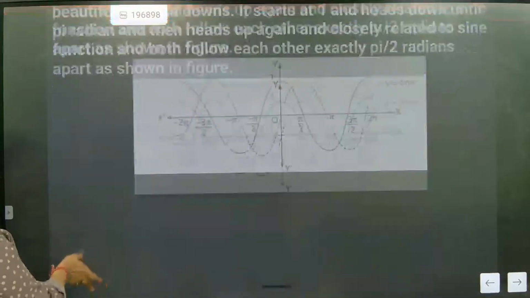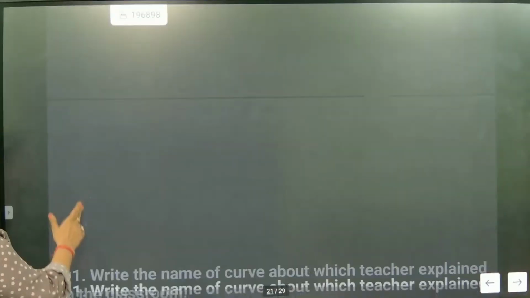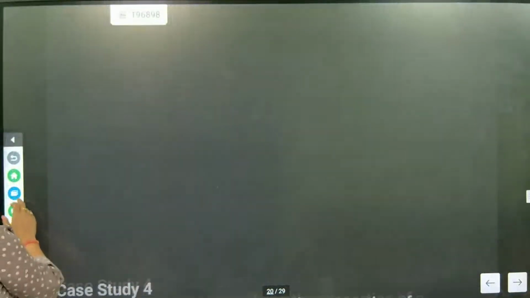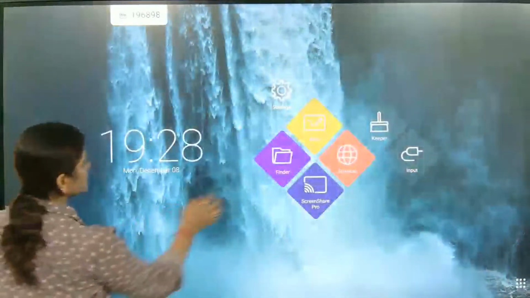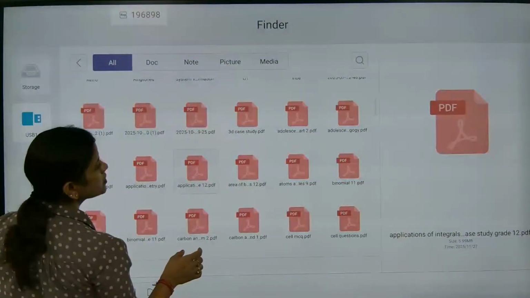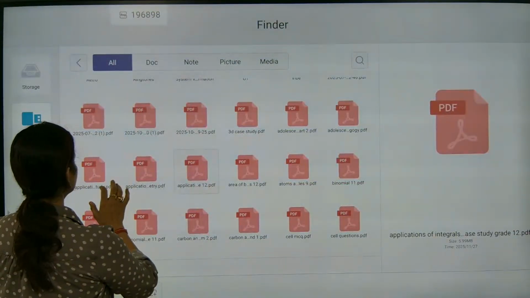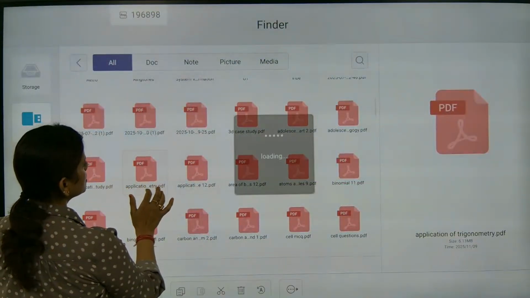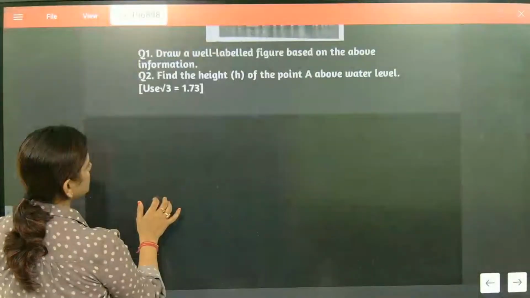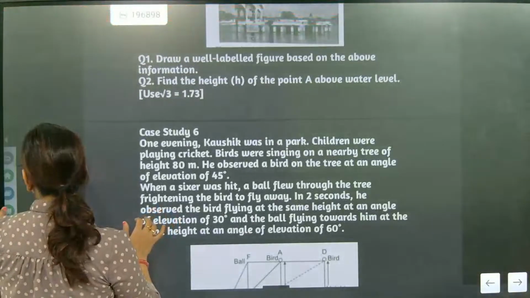Check this one out. I think this question we were doing, or some other questions we were doing. Nice.